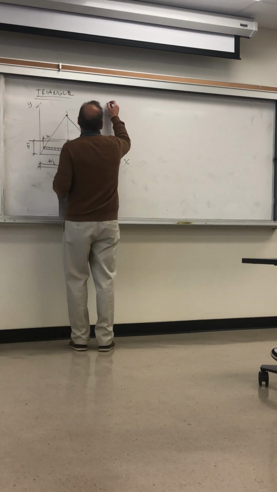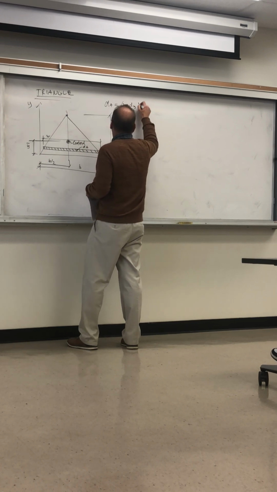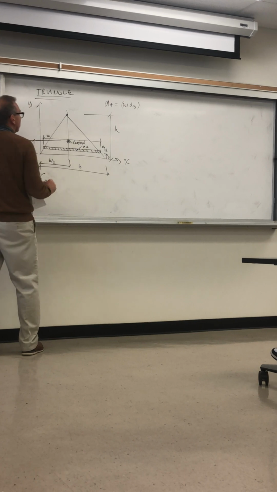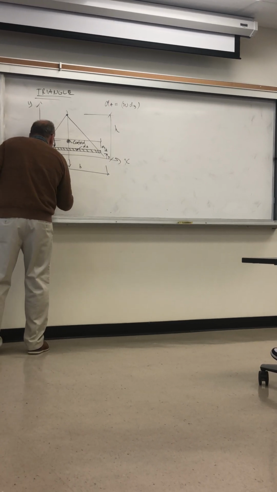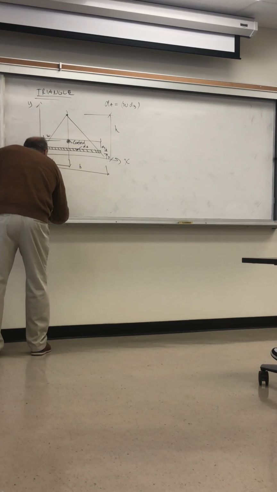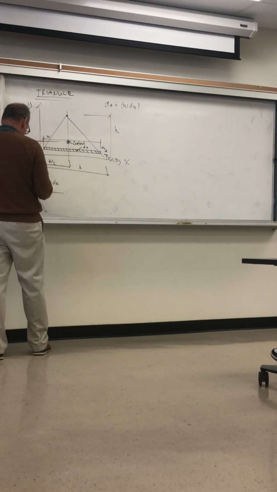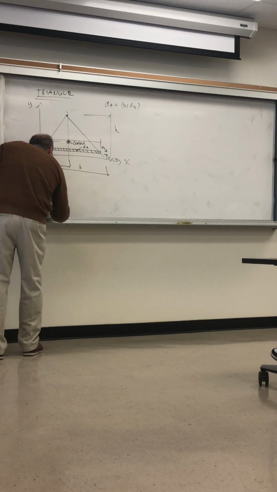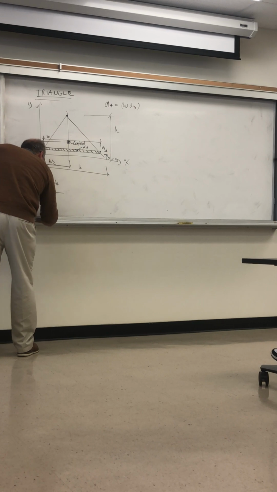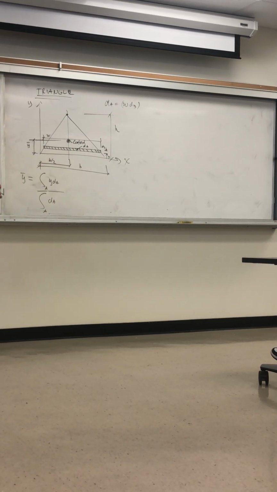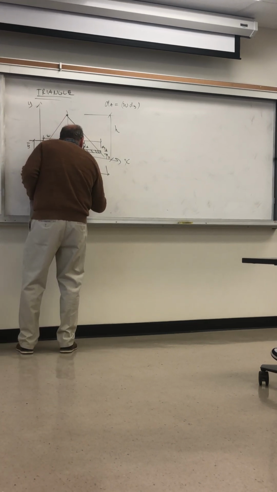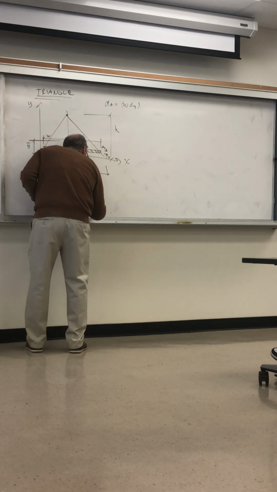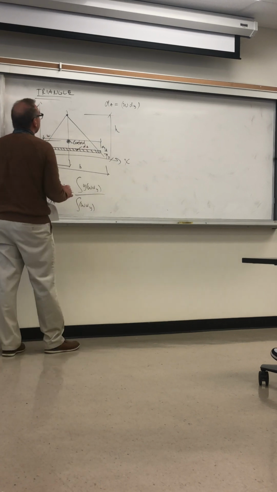So dA is w dy, the total width times dy. y bar is the integral from 0 to h of y dA over the integral of dA, so this is the integral of y w dy over the integral of w dy, with limits from 0 to h.